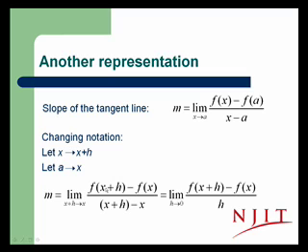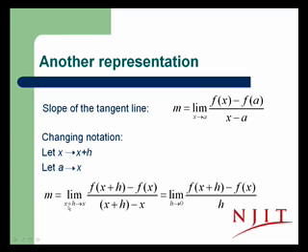The a in the limit becomes x. So our limit as x goes to a becomes the limit as x plus h goes to x. The numerator becomes f of x plus h minus f of x. And the denominator becomes x plus h minus x.